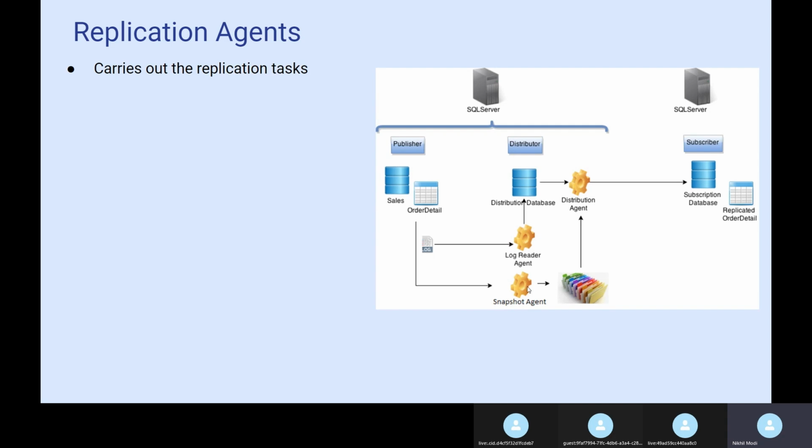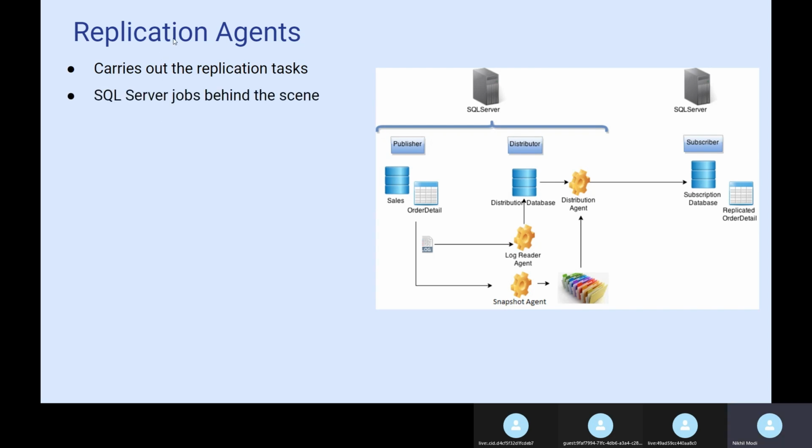But we call them agents because that's how we troubleshoot issues, right? We have to find where the issue is. If we get an issue in transactional replication, we have to understand which agent is having a problem, how many agents are involved in it, and which agent is having the problem. So we'll go through that in detail.